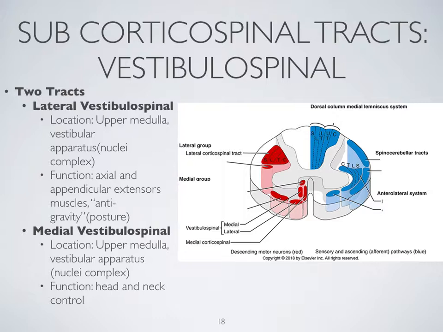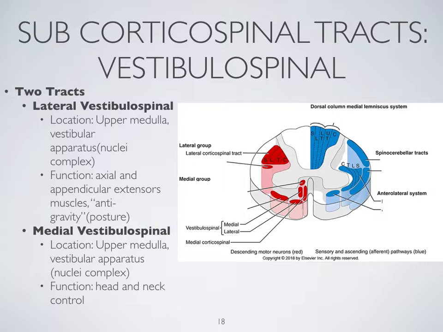Okay, so the location of each of these two tracts within the vestibulospinal system is the upper medulla, specifically that nuclei complex for the vestibular apparatus. So that upper medulla is where they're located for the nuclei.